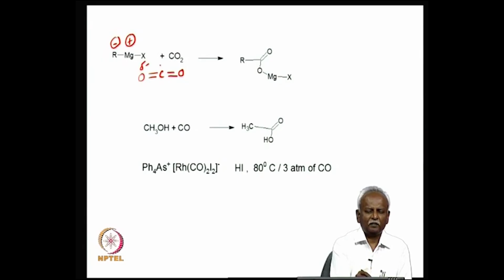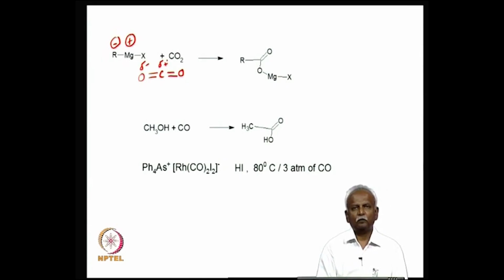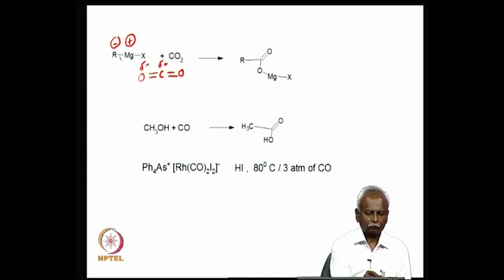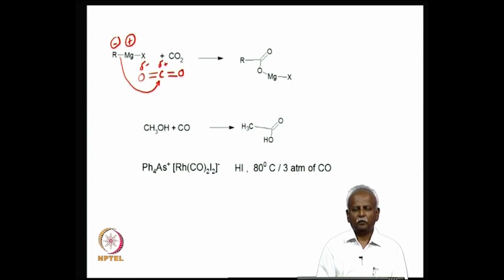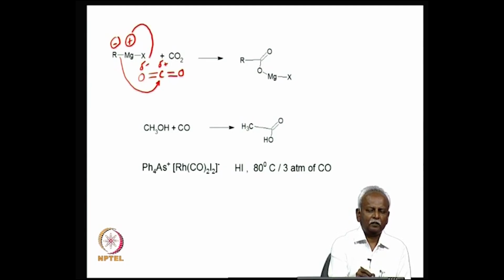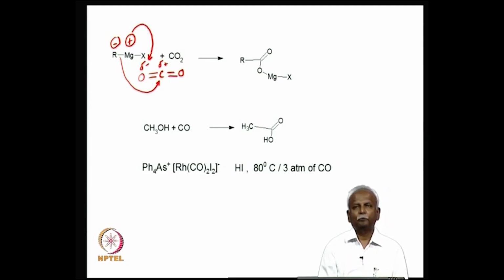This is a delta minus and this is a delta plus, and because of this polarization, a very easy addition of the R minus group occurs on the carbon, and so you have the formation of RCOOMgX. The magnesium, because it is positively polarized, then adds on to the oxygen, and so we have an RCOOMgX being formed. Now, this is a very favorable reaction and this happens very readily.